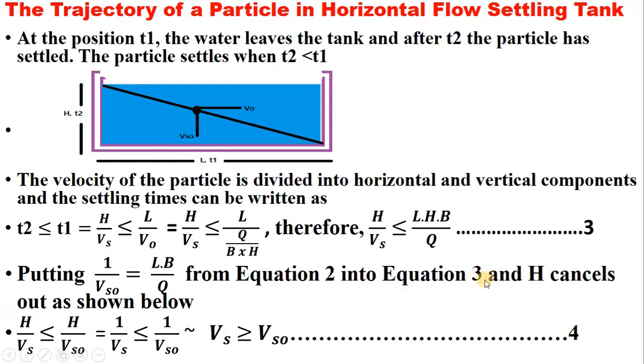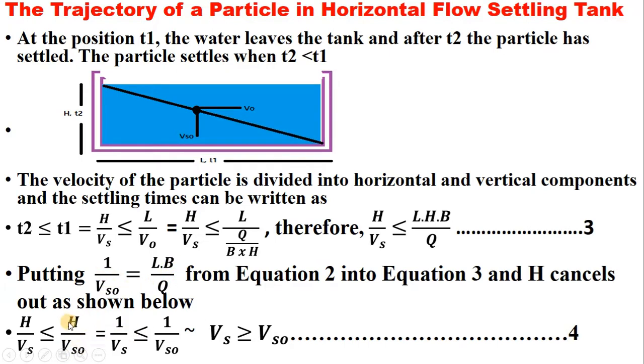Putting it into equation 3 and cancel out H. So what it means is that H all over Vs, which is this, is less than or equal to this H that is surviving here, all over Vs naught, because we have substituted LB all over Q to be equal to this.